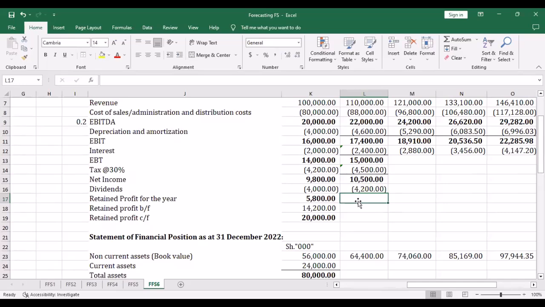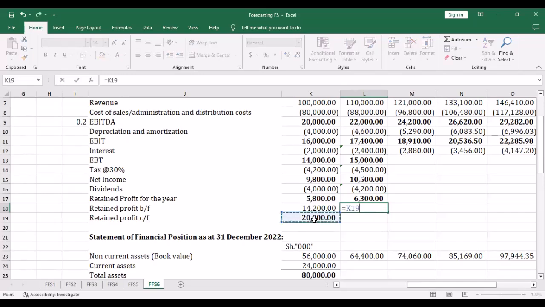Then you can go for the year also. So it's just a summation plus this one here, isn't it? Then this one will be in bold. Then this one here. So what is brought forward, isn't it? Brought forward will be the previous carried forward. Retained earnings brought forward will be the carried forward for the previous year.